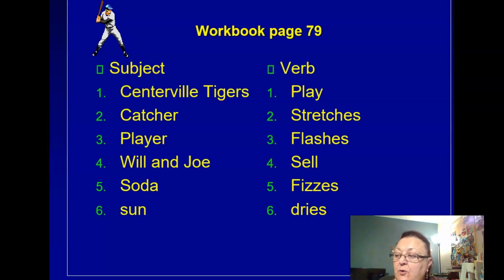Then you're finding the correct verb, underlining it twice. 9, 10, and 11, you are looking for the 3 incorrect present tense verbs in the paragraph. And then go ahead and do the apply and write. They're just asking you to complete each sentence with a present tense verb. And you should be able to do that.